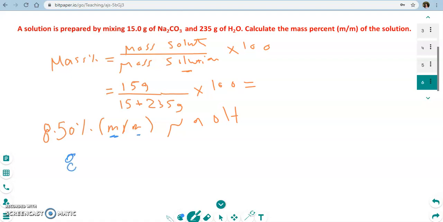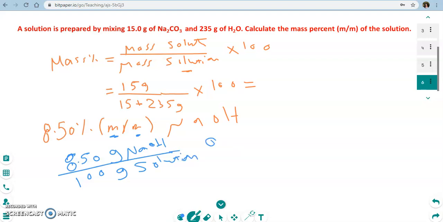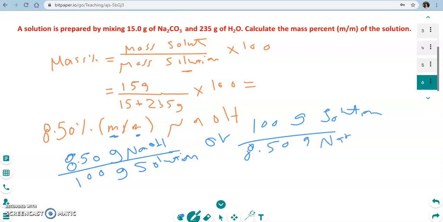So we can say, again the solubility, solute over solution, 8.50 grams NaOH were dissolved in 100 grams of solution, or the opposite: 100 grams solution per 8.50 grams NaOH.